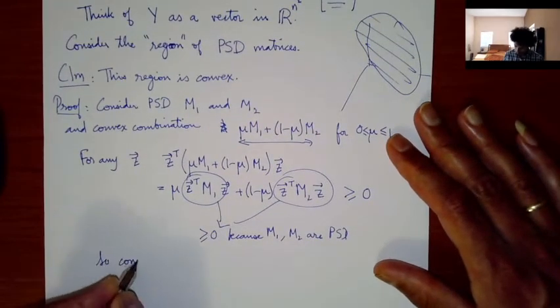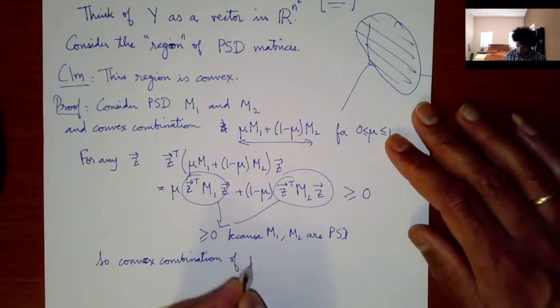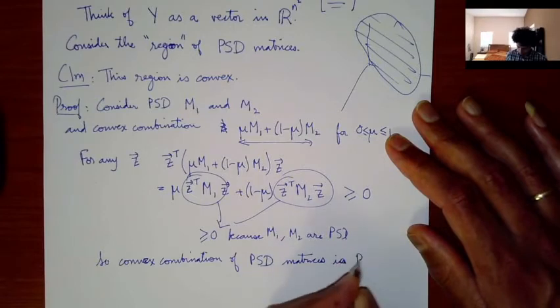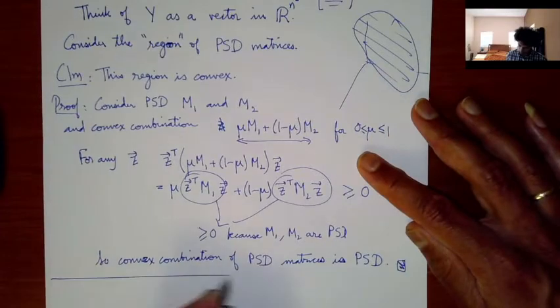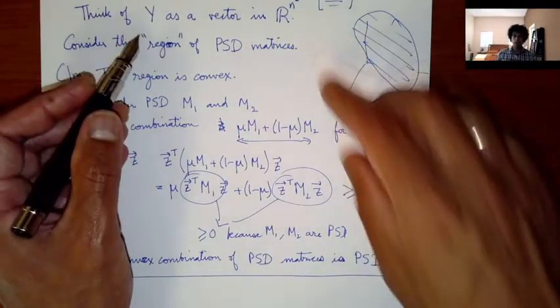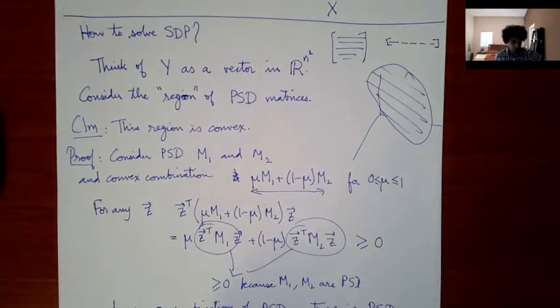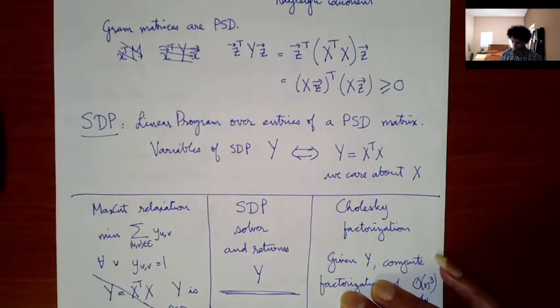So a convex combination of PSD matrices is PSD. If you think of Y as a vector, and these PSD matrices as vectors in this space, our SDP is a linear program over the entries of a PSD matrix.